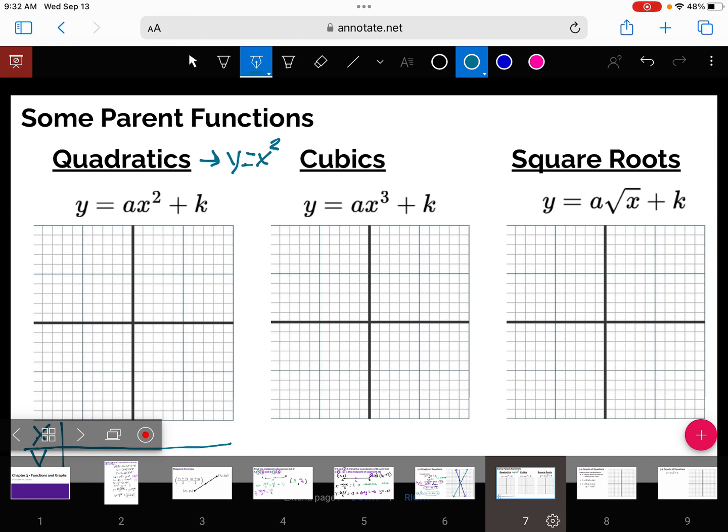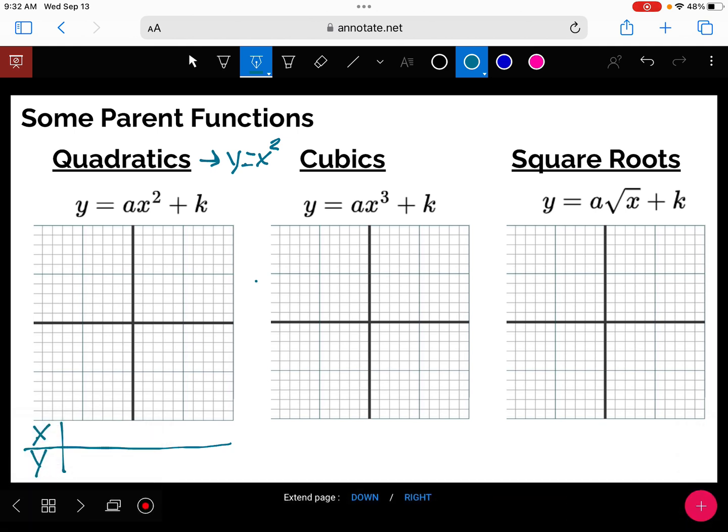All right. So when we're doing parent functions and we need that good view of the center of our graph, what x values do we pick? 0 is a good one. -2, -1, 0, 1, and 2 always give us a really good view of our middle. I'm just writing it down here at the bottom.